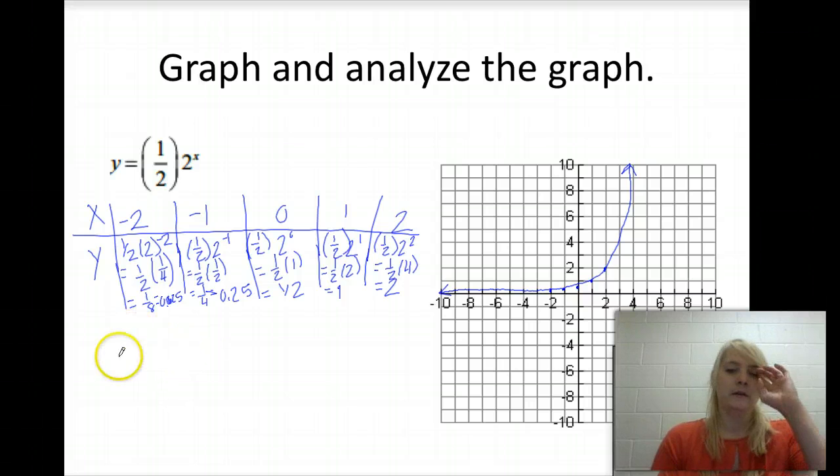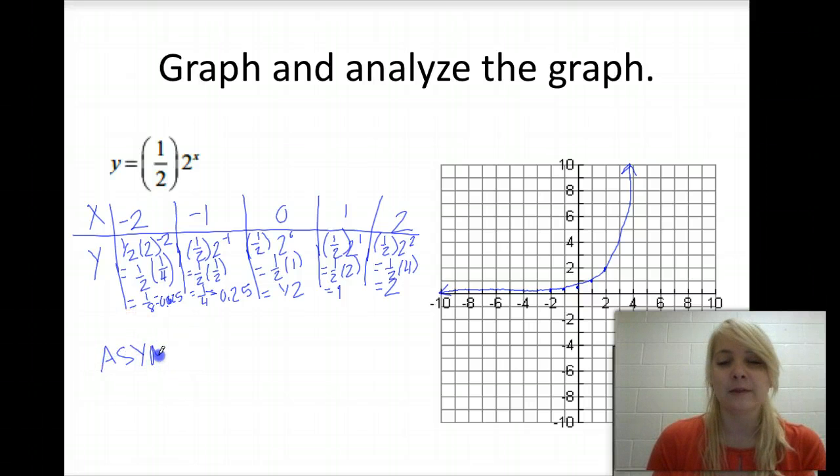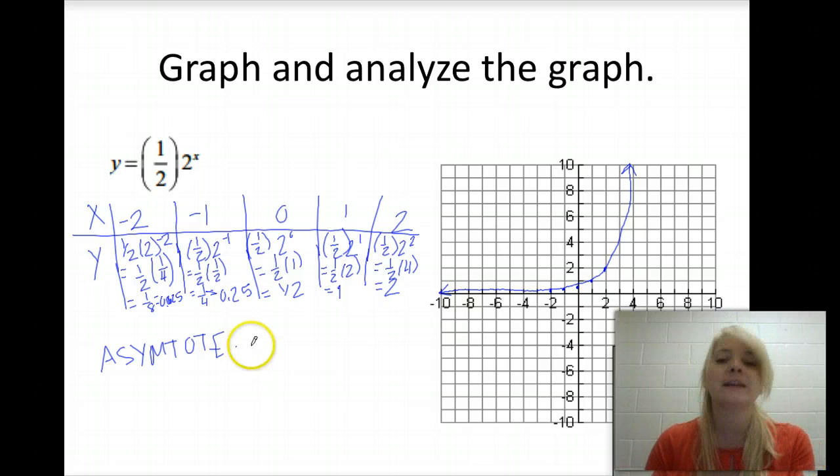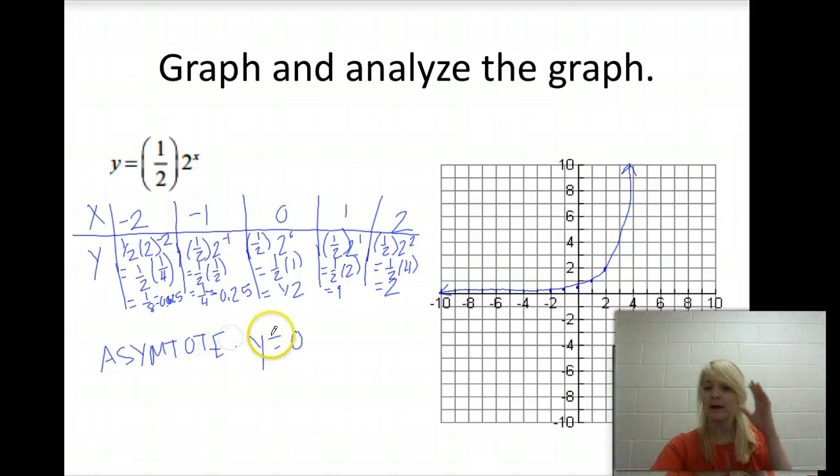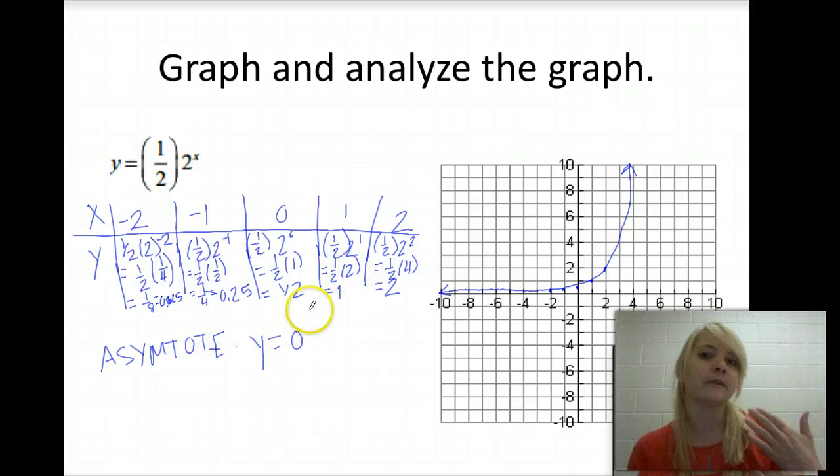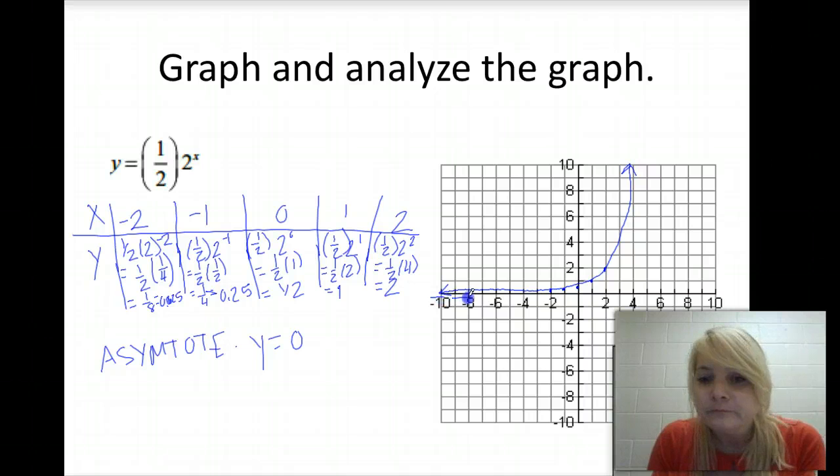All right. So our asymptote here, the line that the function approaches but never touches, is once again our x-axis. So it's at y equals 0. And keep in mind, all horizontal lines are y equals a number. So it's approaching this x-axis, but it's never quite touching it.